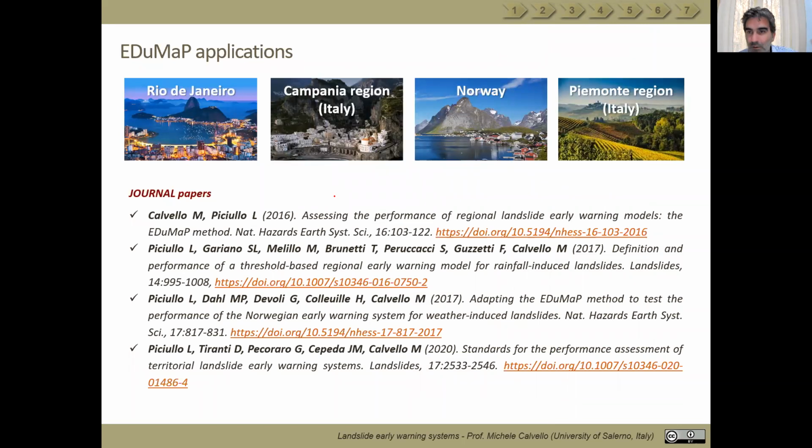If you want to know more about a specific method, Adamup, besides an original paper, which one was that? Okay, an original paper that is this one, where indeed we were looking at landslides occurring in Rio de Janeiro. There are other papers addressing other areas of the world, Campania region, Norway, Piemonte, in Italy.